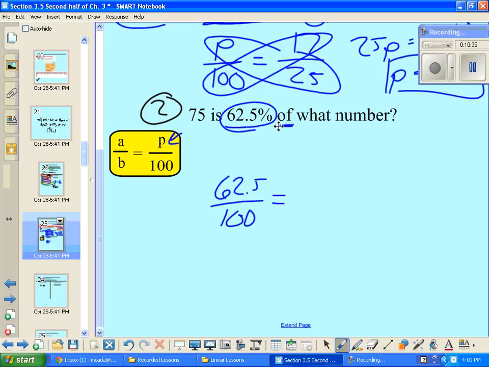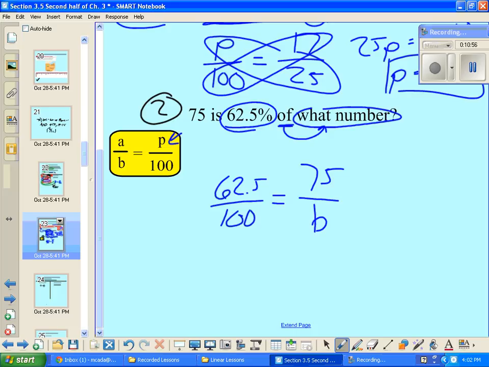Well, in this case, here's the word of, and right after that, it says what number. That's what I'm trying to find. That's my variable. So the word after of is what number, that's my unknown. So that's my B. And then my leftover number, hint number 3 says the leftover number is the part. So in this case, it's 75.